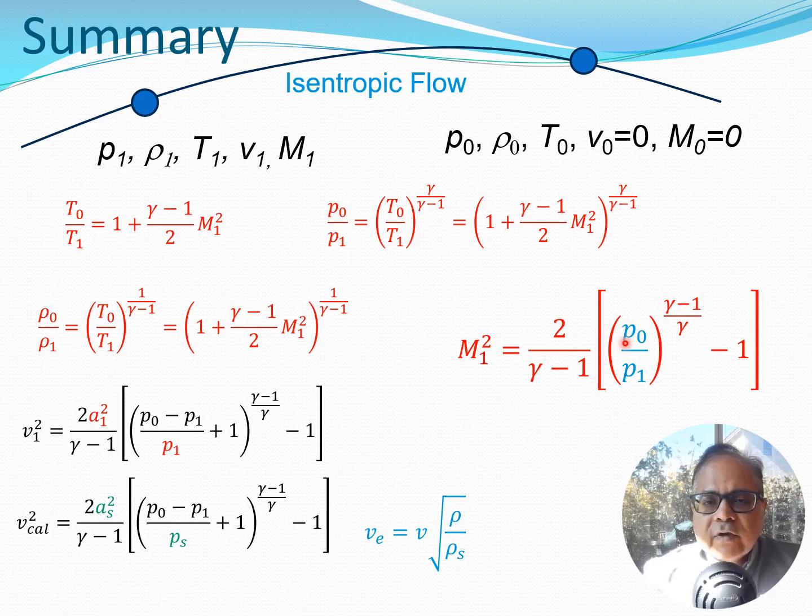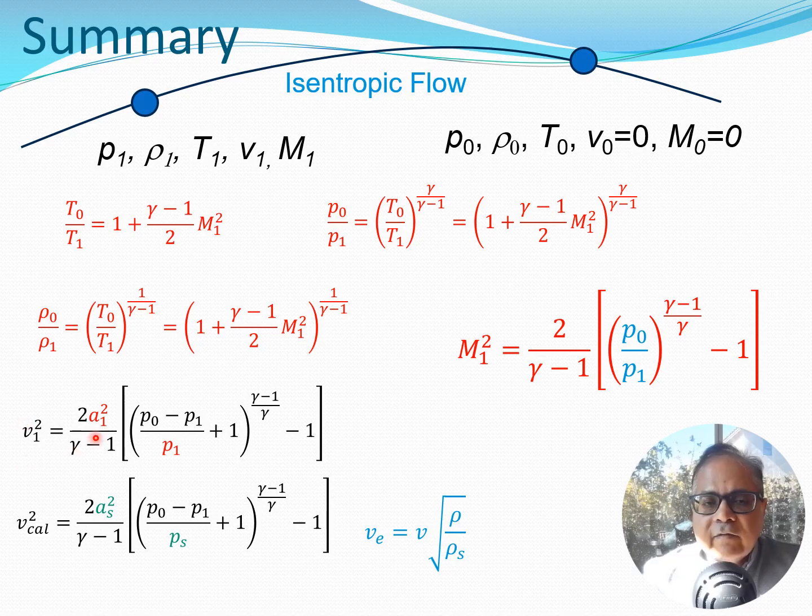So instead of getting P0 by P1, we wrote this equation out in a slightly different form. So we get (P0 minus P1) by P1. So in this case, P0 minus P1 is measured by some device, for example, the pitot static probe. And then we get this value V1, which is the true airspeed.